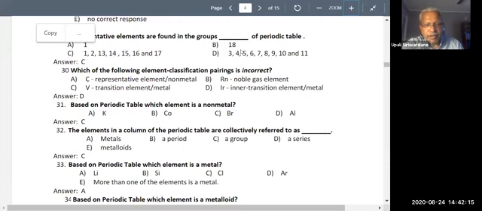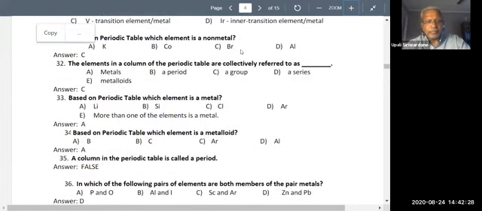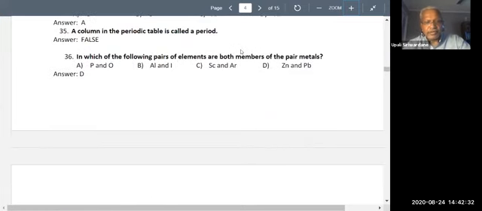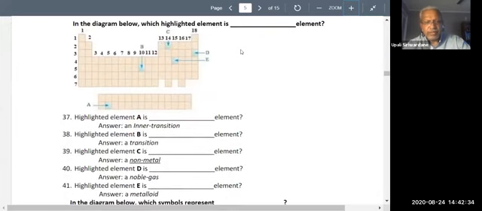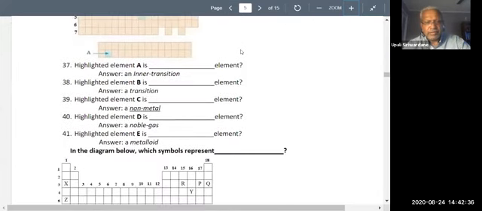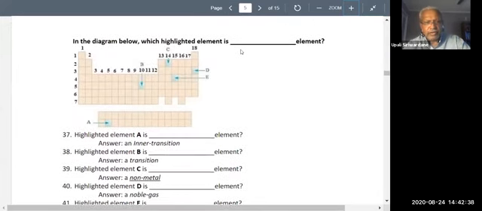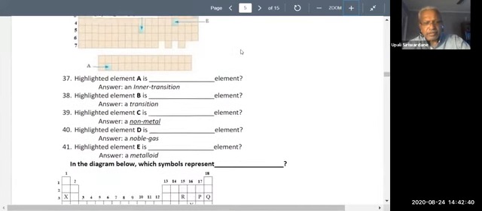Bromine is found in the area where it is blue, which we call non-metal. So you can answer these questions, and transition metals are in the B groups.